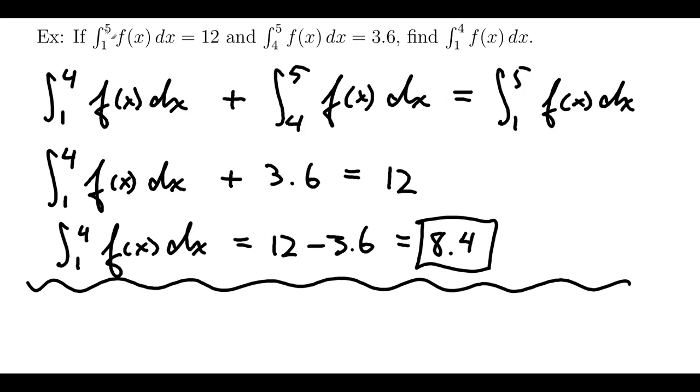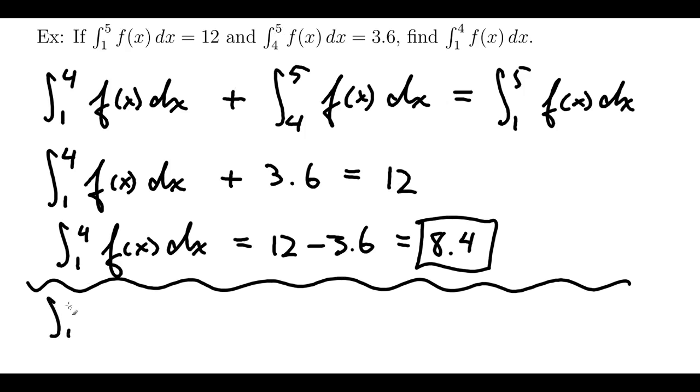So we have the integral from 1 to 5 of f of x dx, and the integral from 4 to 5 of f of x dx, and we want to get the integral from 1 to 4, right? Well, this integral from 4 to 5 is the negative of the integral from 5 to 4.